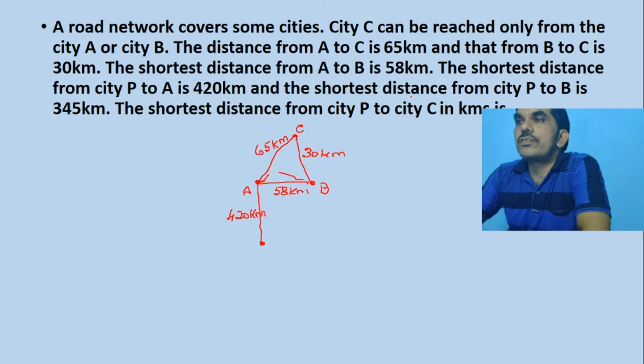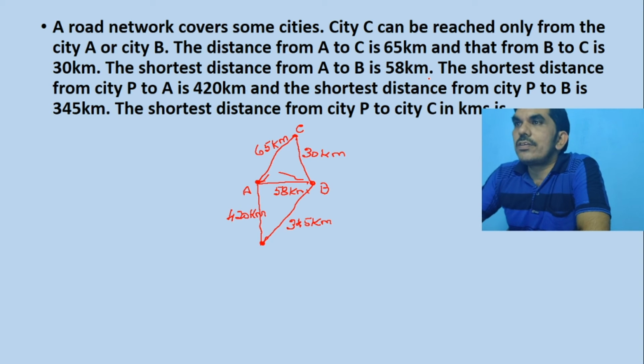The shortest distance from city P to B is 345 km. So this distance is given as 345 km. So the shortest distance from city P to city C in kilometers is?